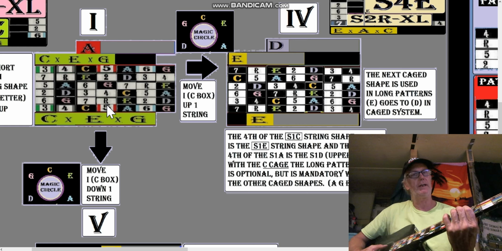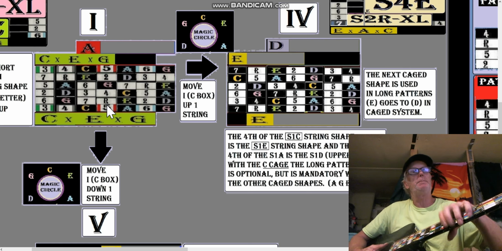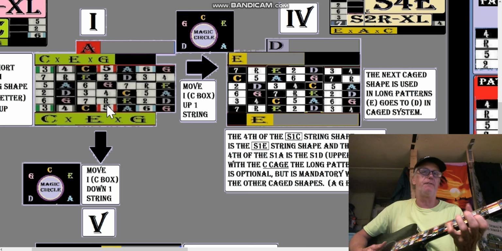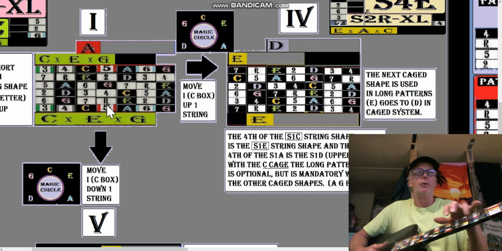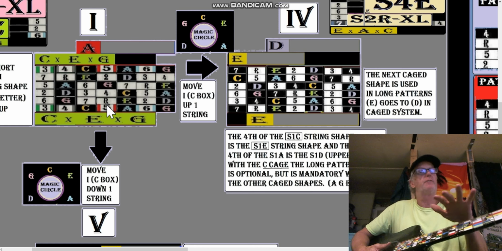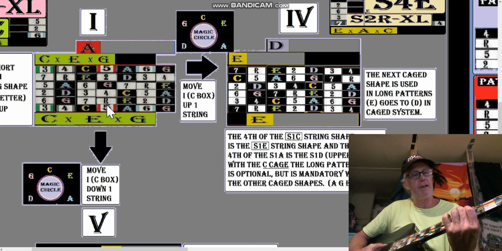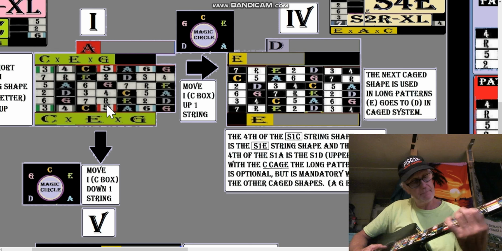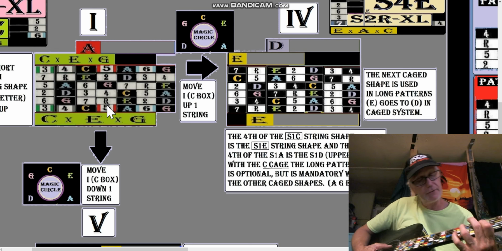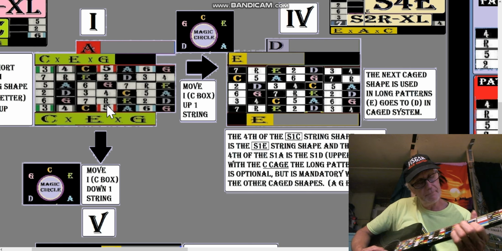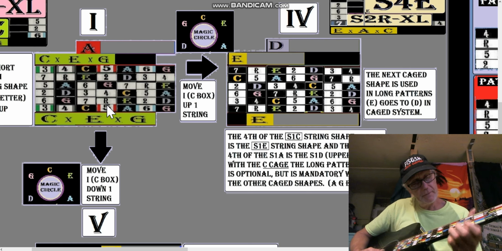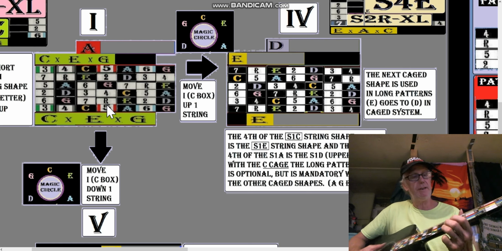So if we take the regular C, I'm going to play it all in pentatonic now because the fourth and the fifth should be played pentatonically, unless you want to get fancy and start mixing in the root scale with the fourth and the fifth. But for now, we're just going to do the pentatonic. Now we start that scale from the second string. Sorry, it became an E shape.